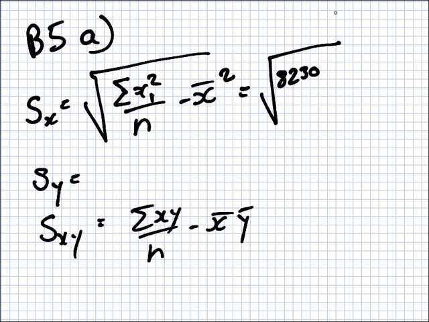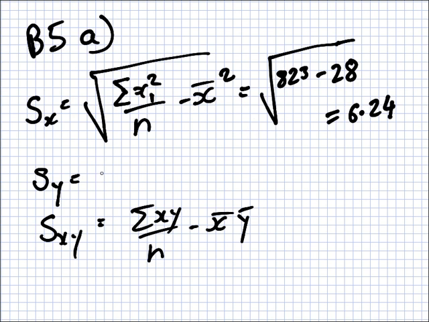So 823 minus 28. Square root. So what did you get for that? What is it, Amjad? 6.24, yeah? Is it 280? I thought 28. Yeah, but it's the average, 280 over 10.